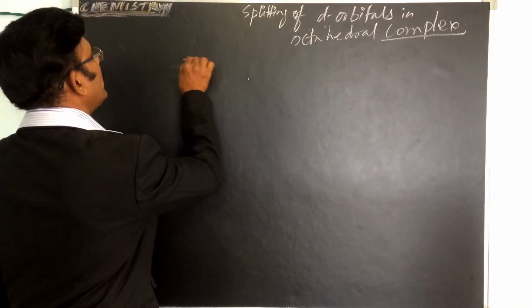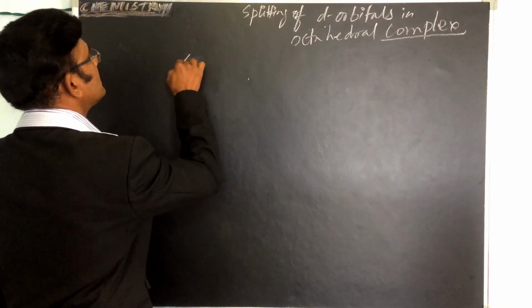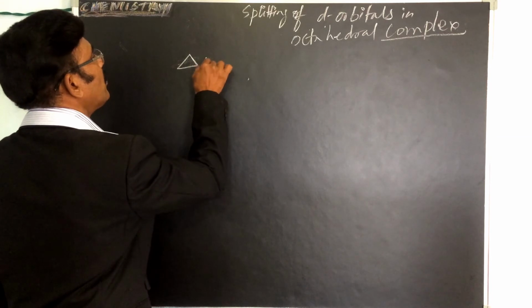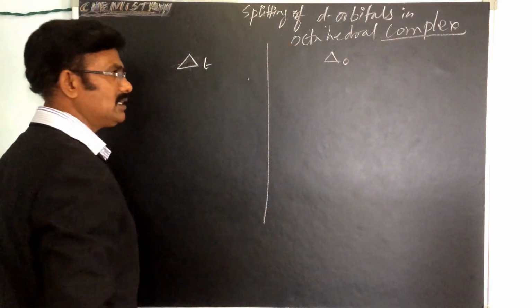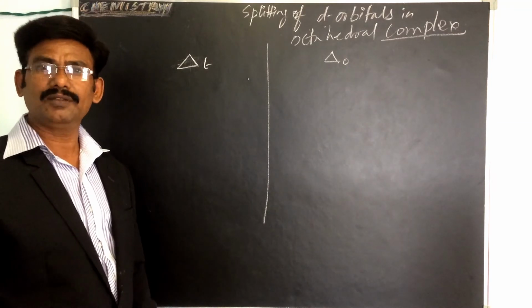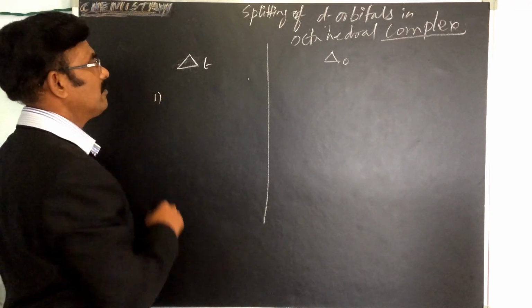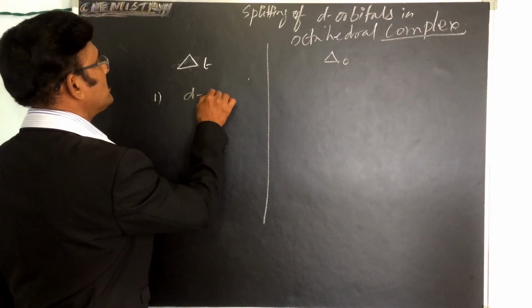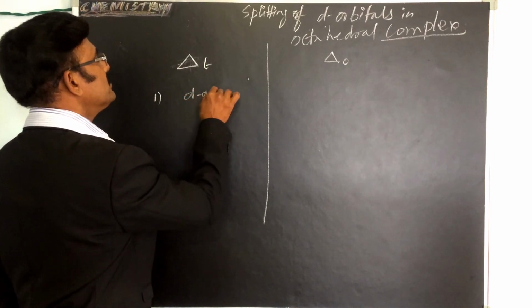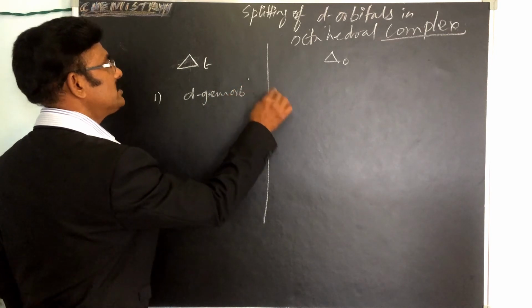The differences between tetrahedral and octahedral. The first is that the degenerate orbitals have the same energy levels.